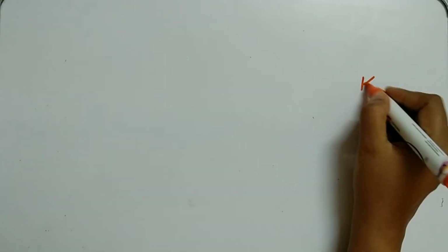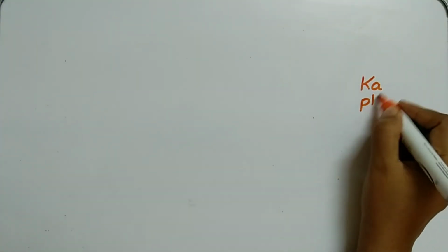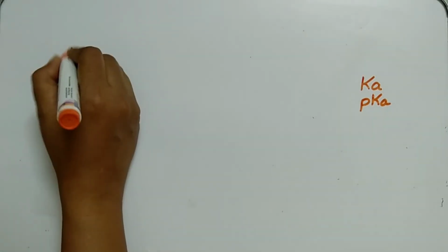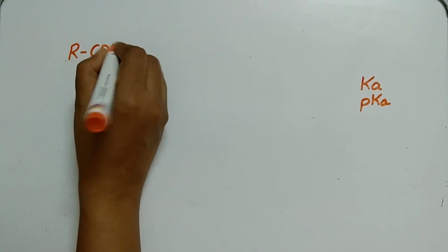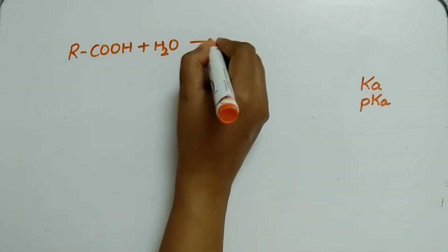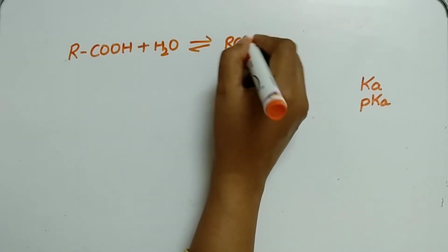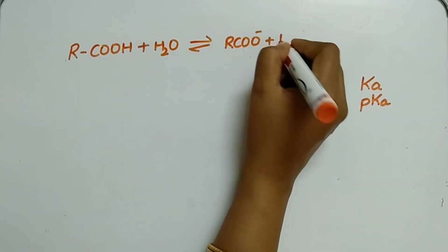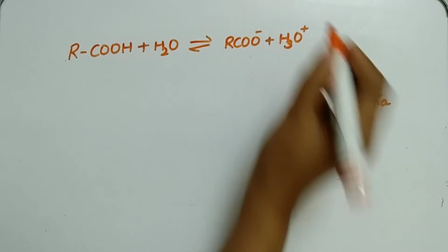So let's discuss the pKa values and the Ka values, and how they affect the acidity. We'll take the same example: acidic compound treated with water forms carboxylate ions and hydronium ions.